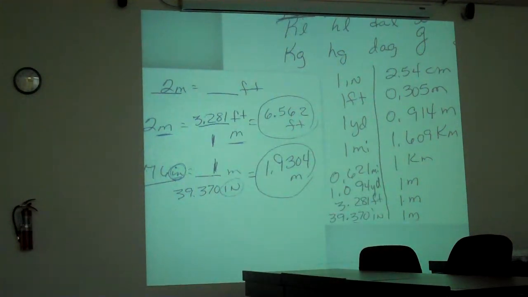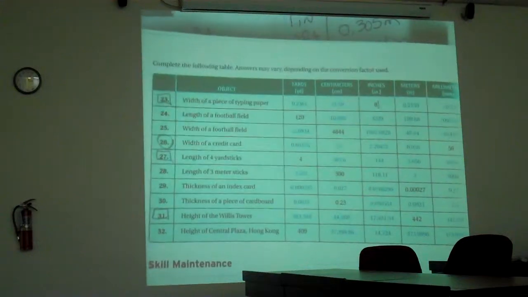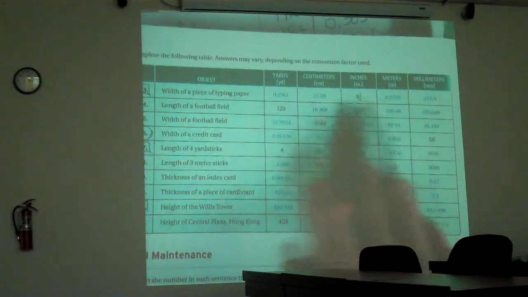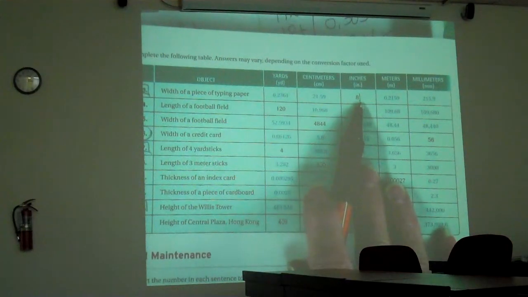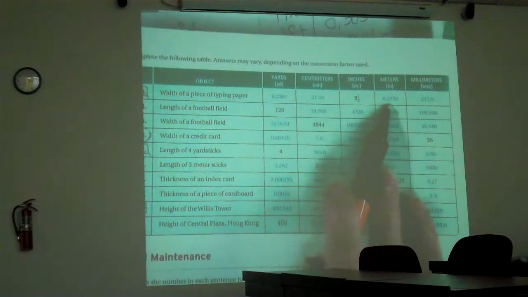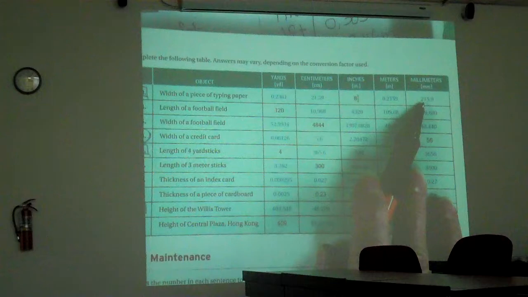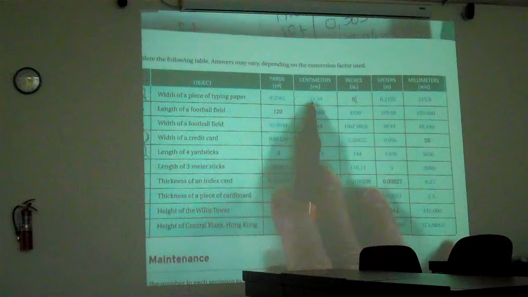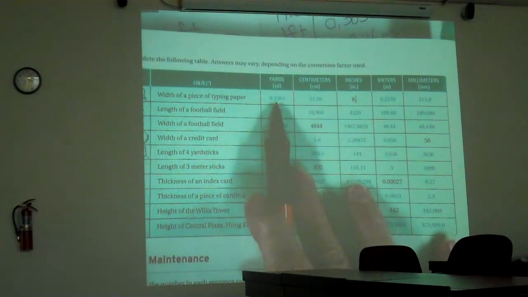Okay? Do we want to do some more of these, or you think you kind of got it? Kind of got it? You have another table that you're going to do a lot of converting on. This table right here. They gave you one of the things, you've got to find all the other ones. 8.5 is the width of a piece of typing paper. So you go from inches to meters to find that number, inches to millimeters to find that number, inches to centimeters for that one, inches to yards for that one.